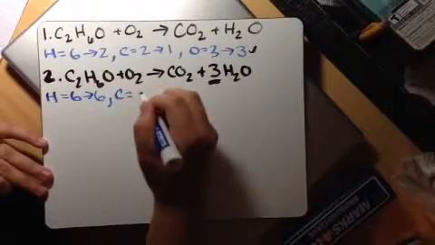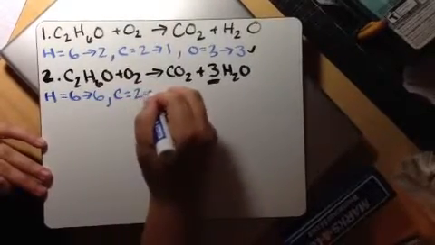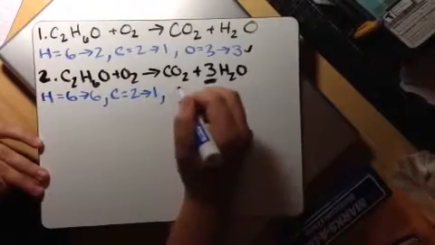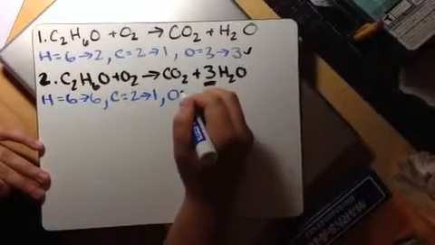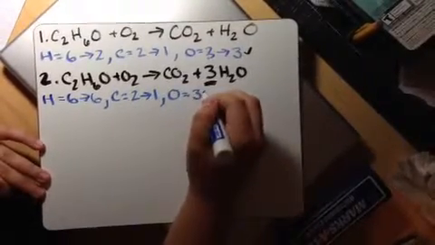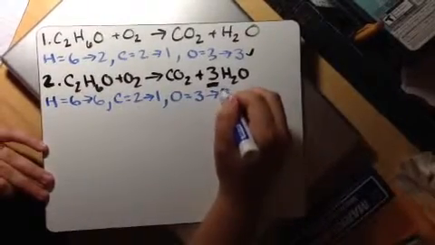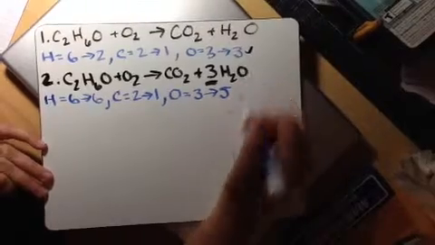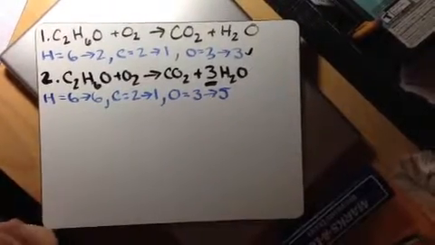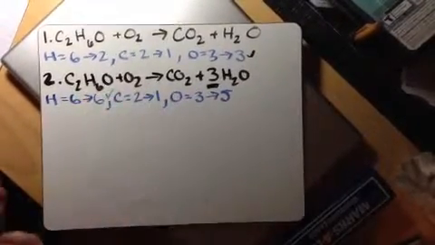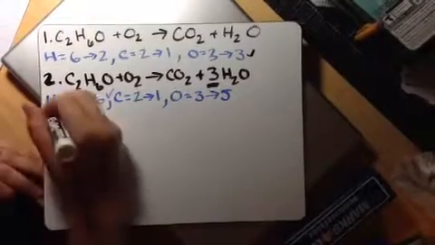For carbon, we have 2 going to 1. And for oxygen, we have 3 going to 5: 1, 2, 3, 4, 5. So hydrogen is good. Now our oxygen's off. That's a bummer, but we can fix that.